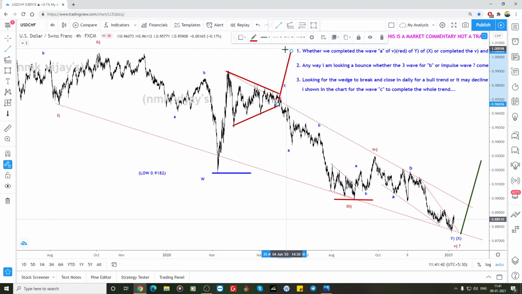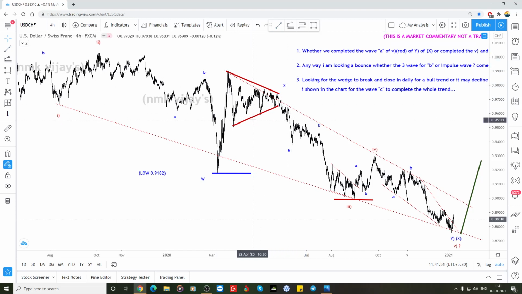Like that they will look and they will take the trade. But what happens here? So the pattern also needs to be valid. So only if it is a triangle, we need to break that here.